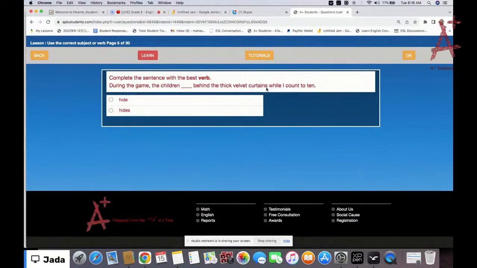So now it says children, that means it is plural, a plural subject. So now we need a plural verb. So what's gonna be the answer here? The plural verb does not have es, ies, or s. It is just normal without all that. So is this gonna be hides or hide?